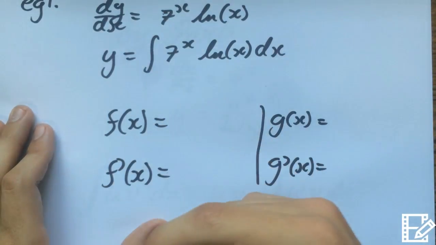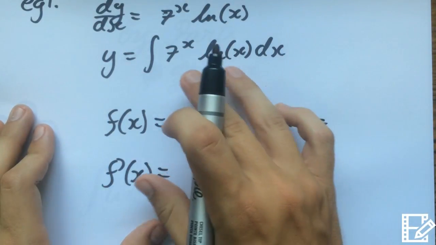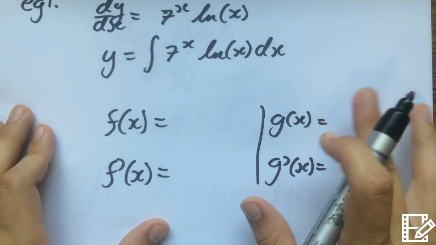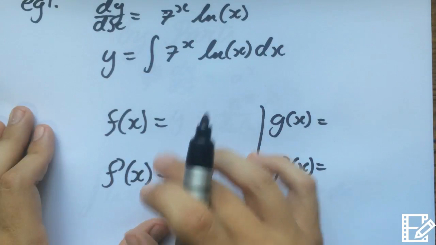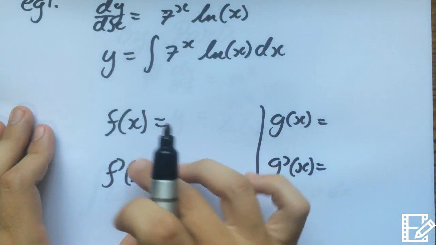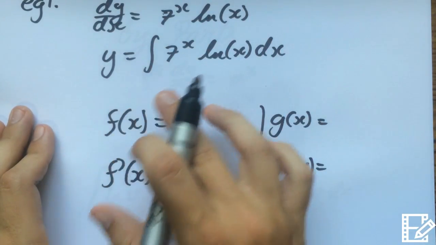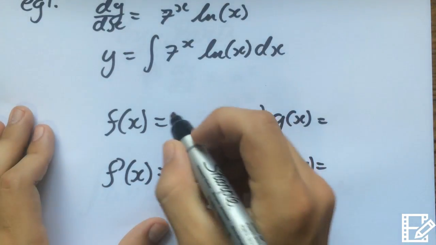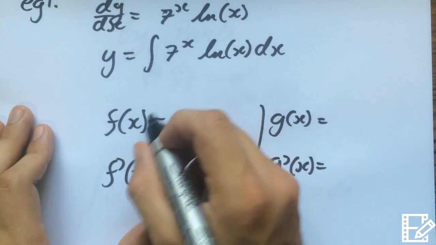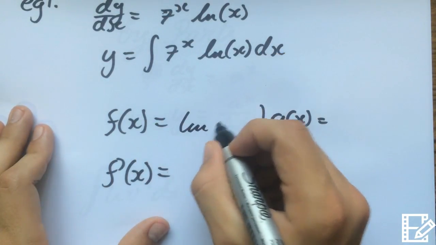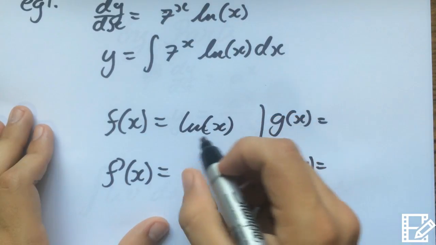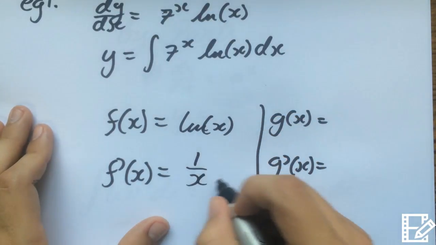In my experience, in any other case, the one that simplifies the easiest when derived, I pick to be f of x, but whenever I see an ln of x, I go straight to picking that as f of x. Because ln of x, when you derive it, you get 1 over x.